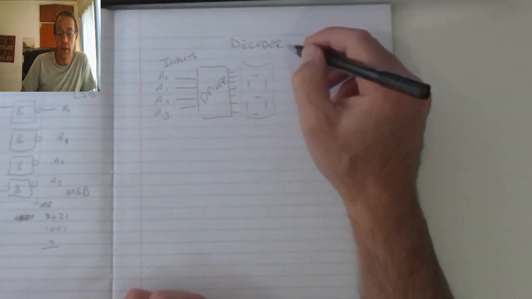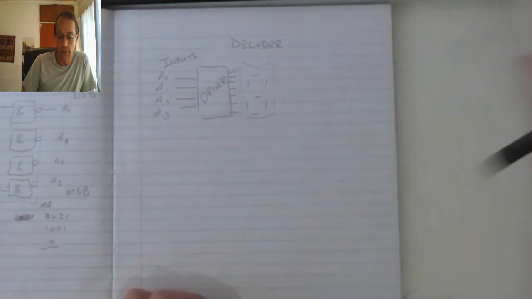So the decoder decodes or translates information so that another device is able to present it back to the user.